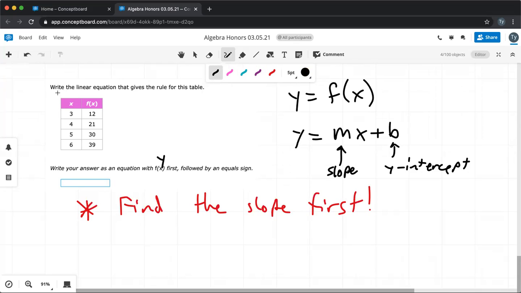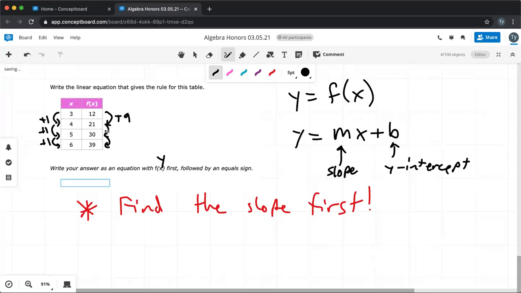So to find the slope, we look at the change in the x and the change in the y. So here we're changing each time by the same amount. We're changing by 1. We're going up 1. And here, if you notice, we're also changing by a constant amount. 12 plus what equals 21?